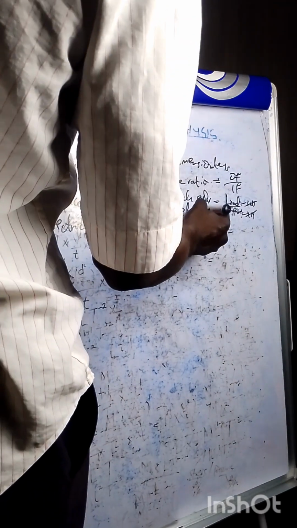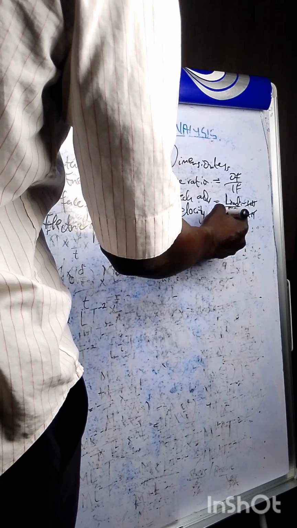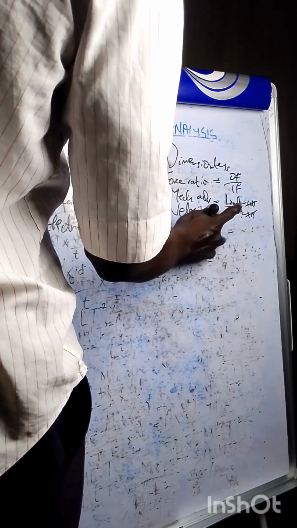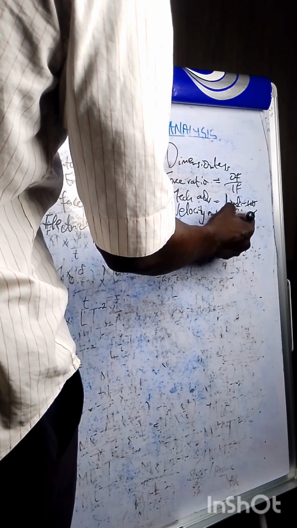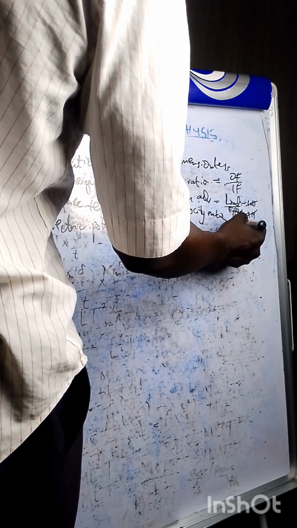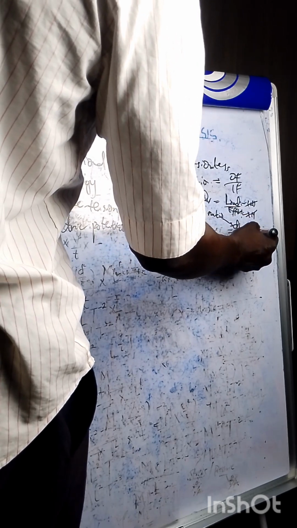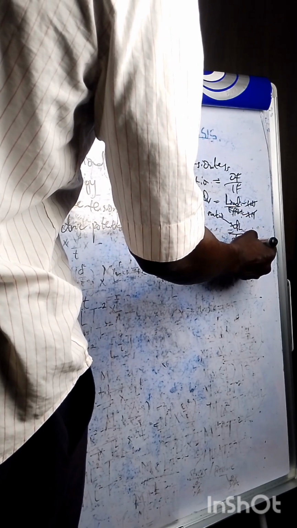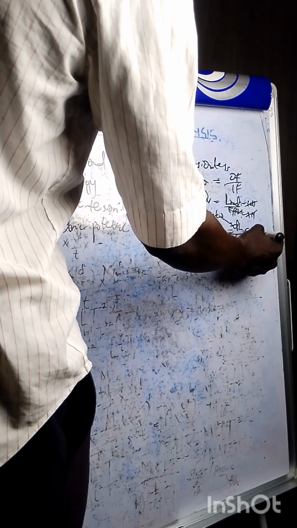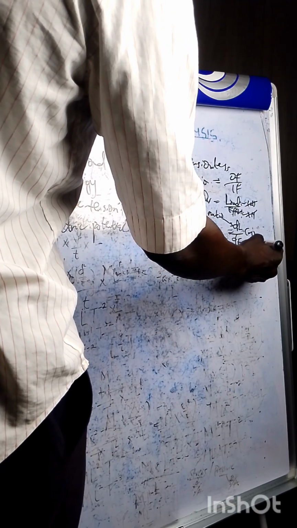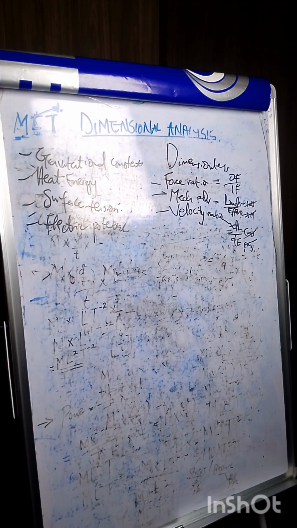We have quite a number of examples. The velocity ratio formula says distance moved by load over distance moved by effort. This one will be measured in meter, this one too in meter, so this will cancel this out, meaning that it has no units, it has no dimension.